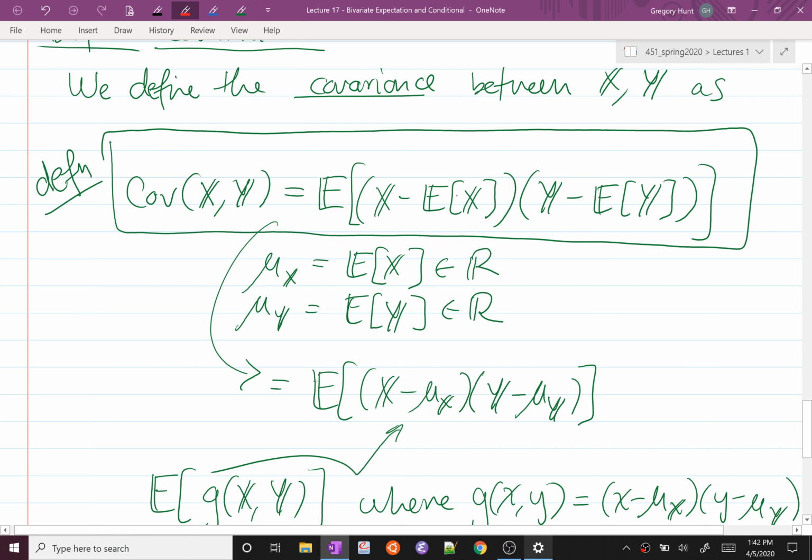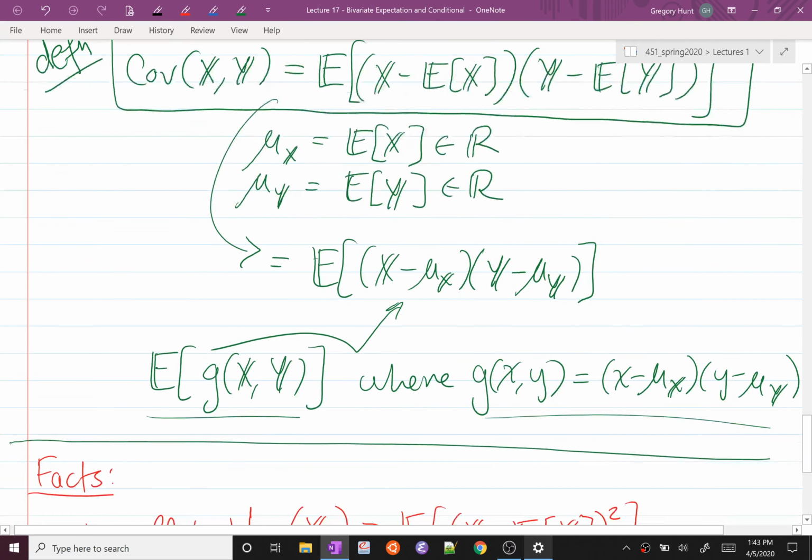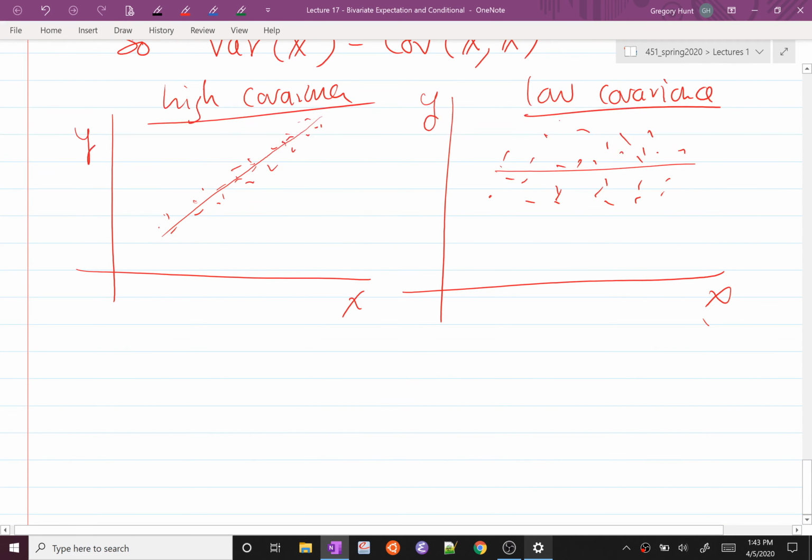If X is above its mean when Y tends to be below its mean, we get a very big negative number, so we get a negative covariance, which just means they move in opposite directions. And if there is no relation, when X is above its mean, Y isn't typically above or below its mean, you're going to get something near 0, because Y minus E of Y is going to be somewhere around 0.